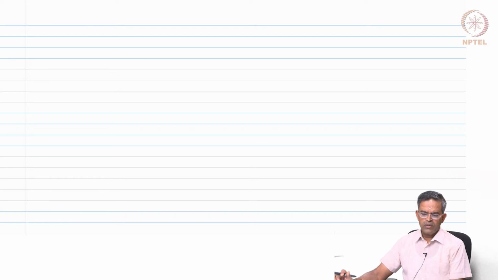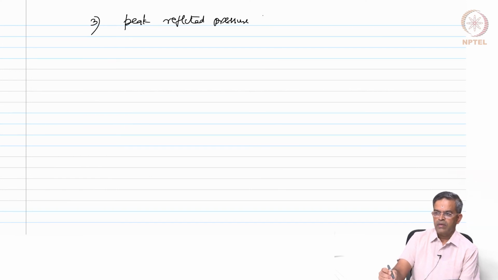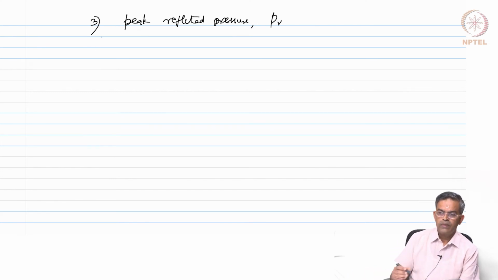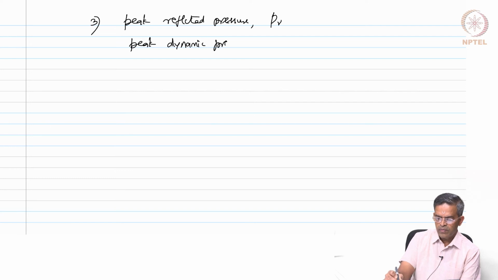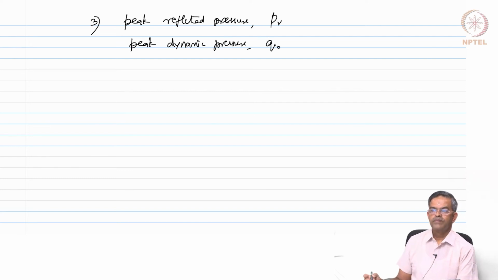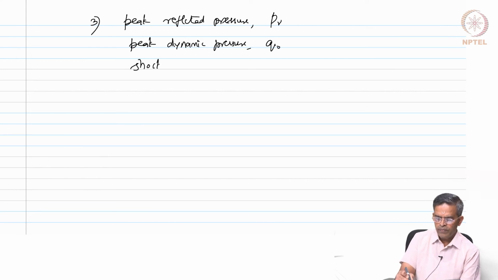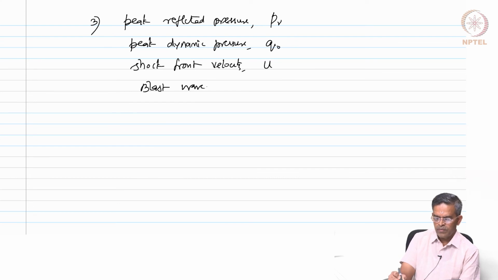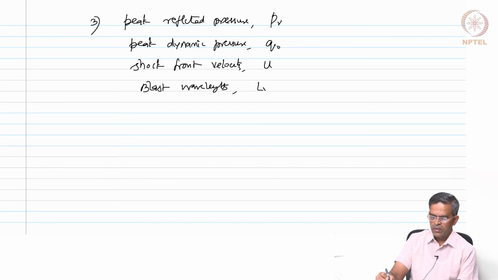In addition, other parameters are also important. The third set of parameters is peak reflected pressure called PR, then peak dynamic pressure, called Q0, shock front velocity, which is U, and blast wave length, which is LW.